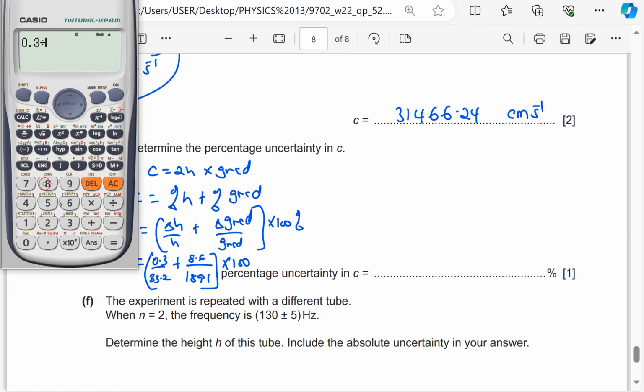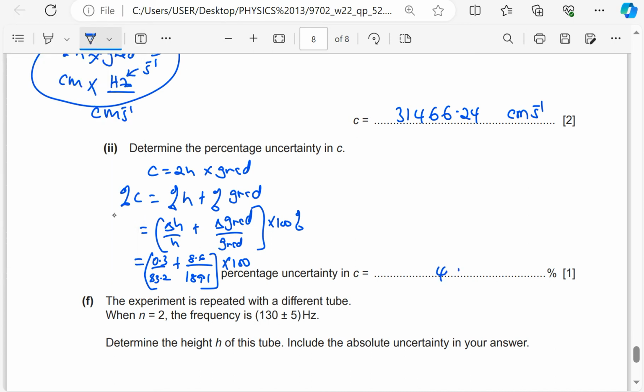This is 0.1, then multiplied by 100. So this is giving me approximately 4.9%. That's method 1.